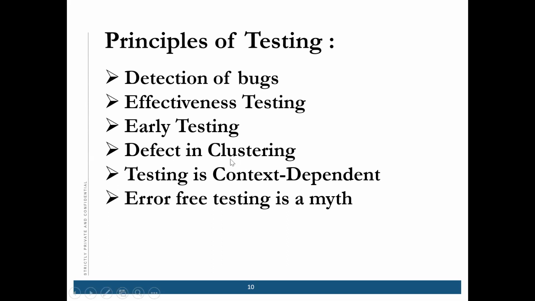Now, what is defect clustering? Defect clustering is when there are some important areas where you find the maximum count of defects, correct? There are certain areas which are very complicated to understand or very complicated to implement while doing the coding.